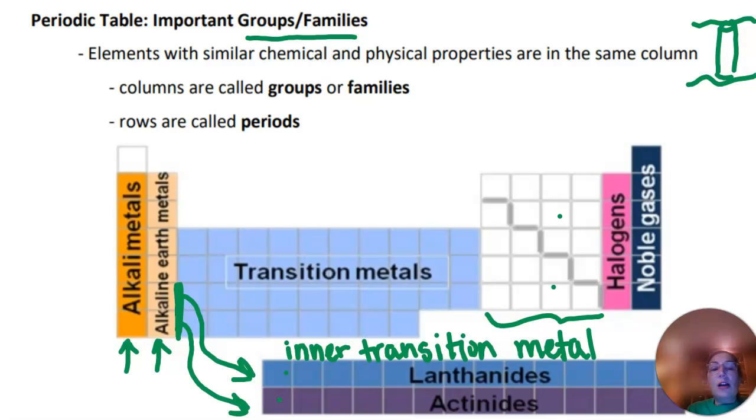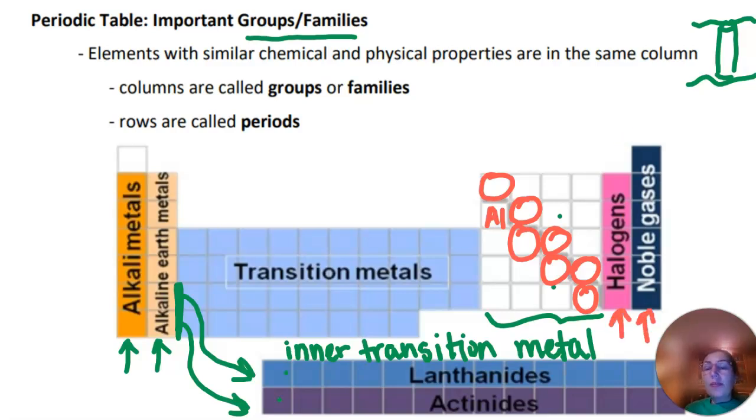And again, when we were talking about properties, metalloids were found here and here and here and here and here and here and here. Aluminum we know is a metal, so that's not a metalloid. And then we have the halogens and the noble gases. And people use these terms a lot. Alkali metal, alkaline earth, halogen, and noble gas are family names that do actually get used a lot on the periodic table. So those are really useful ones to know.